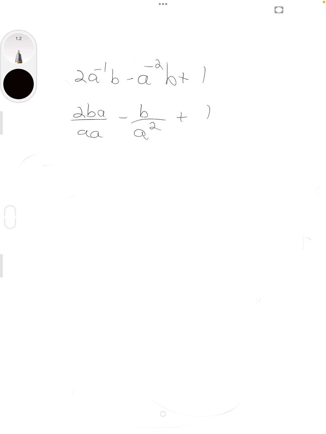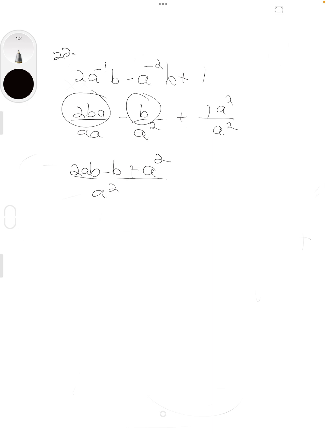So multiply top and bottom times a. This has already got an a squared. Multiply top and bottom times a squared, and now the denominator is the same, a squared. So I have 2ab, that's that one, minus b, that's that one, plus a squared. That's the answer. Okay, and this is question number 22.